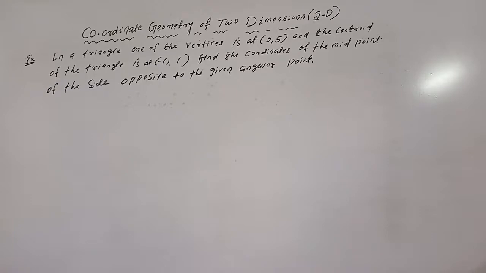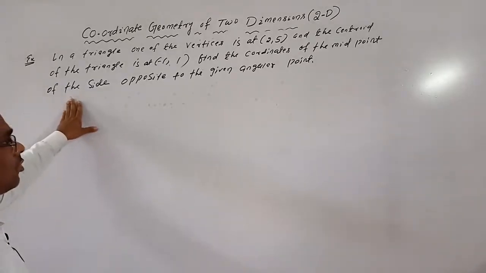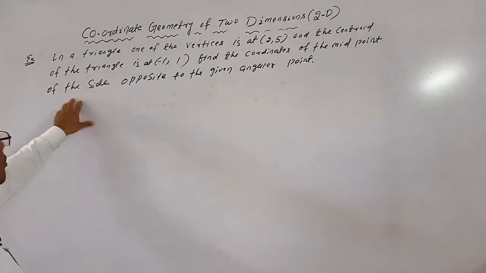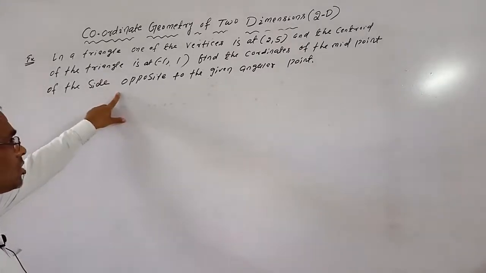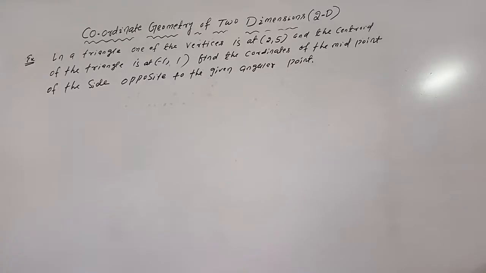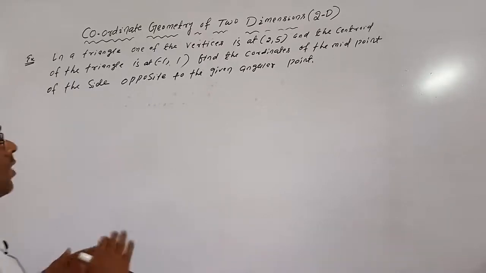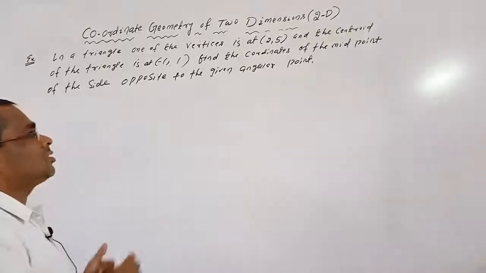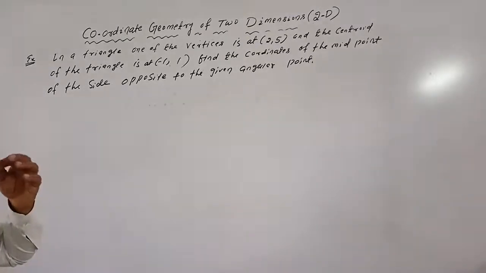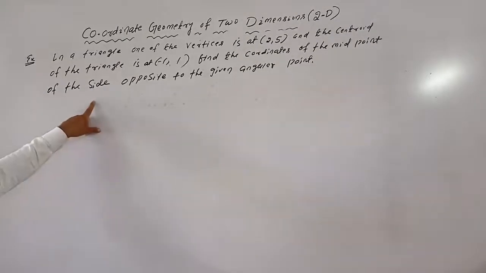Find the coordinates of the midpoint of the side opposite to the given angular point. So here one vertex is given and the centroid of the triangle is given.